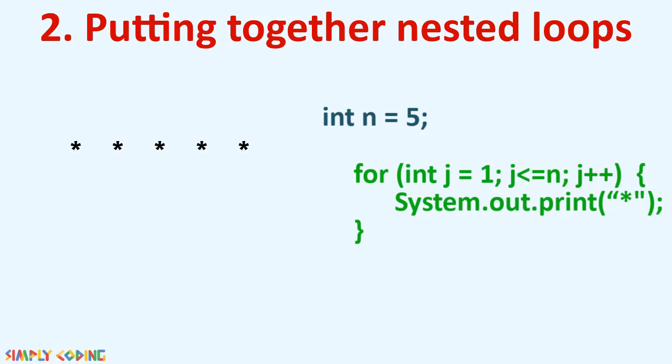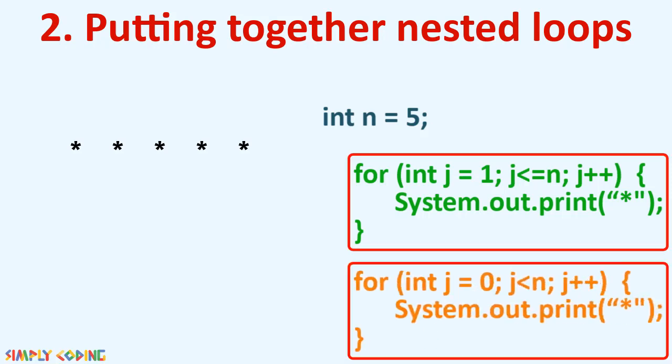Now for the loop to run 5 times, there are these 2 ways and you need to stick to only one method out of these. One is where you start from 1 and you run this loop till less than and equal to n. Other is you start from 0 then run till less than n. Both will run 5 times.